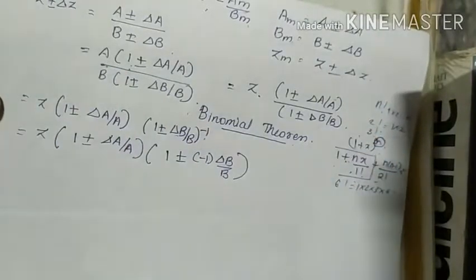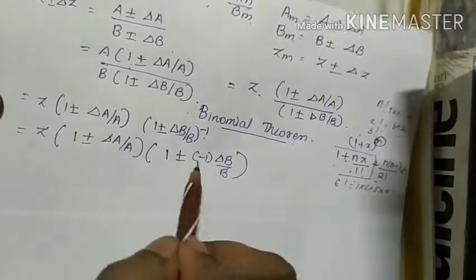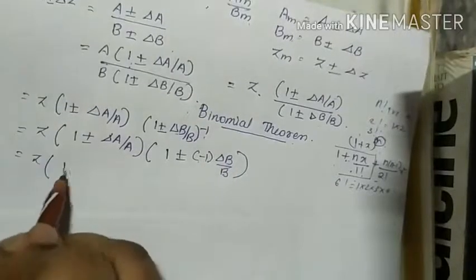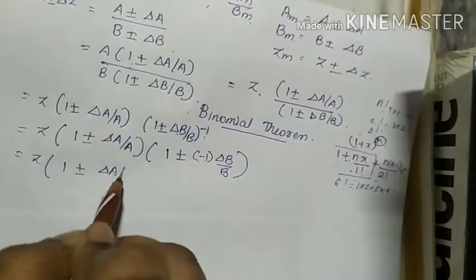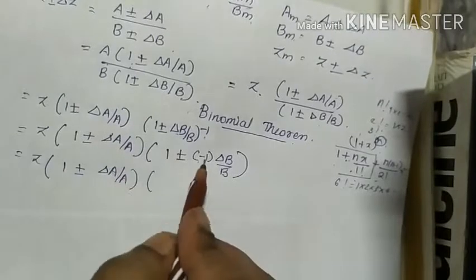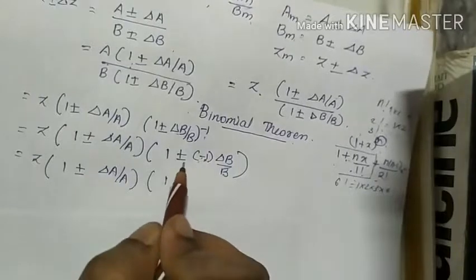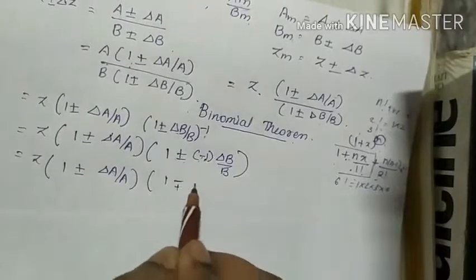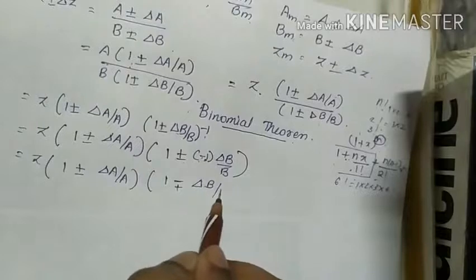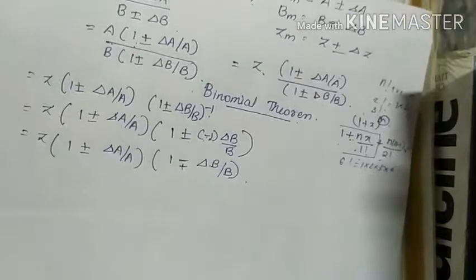Stop, over. So when I multiply, see what happens to this equation. 1 plus or minus delta a by a, then minus 1 into 1, sorry, plus is minus, minus into minus is plus, so it becomes like this. Clear?